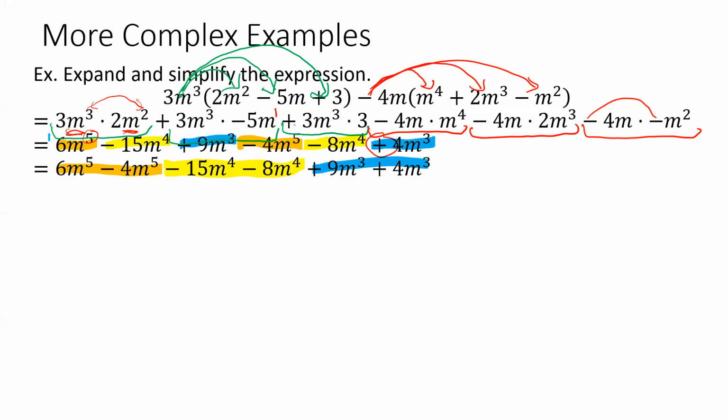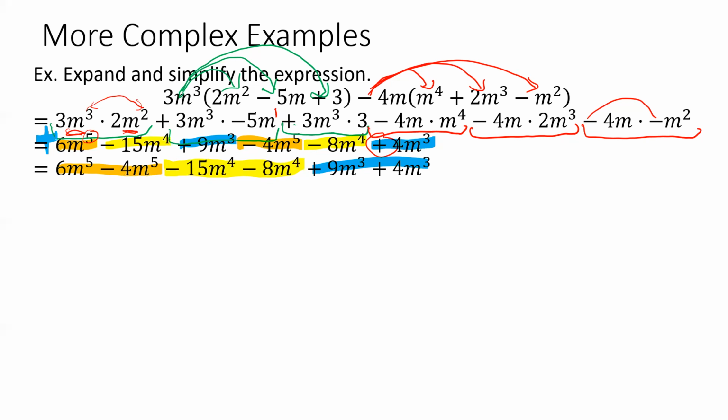So we tend to not put a sign at the very beginning of the expressions, but it's kind of implied that this first term is positive, right? We just don't actually say it. So just make sure that you keep that in mind if you ever have to move that first term around, and it's positive there. So all we have to do in this case is add up the like terms.